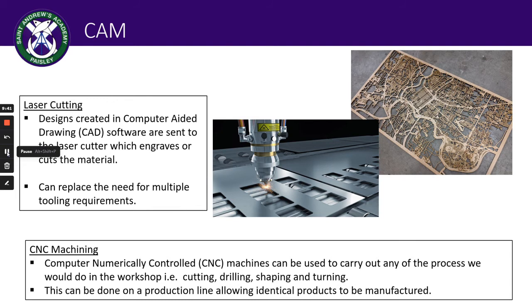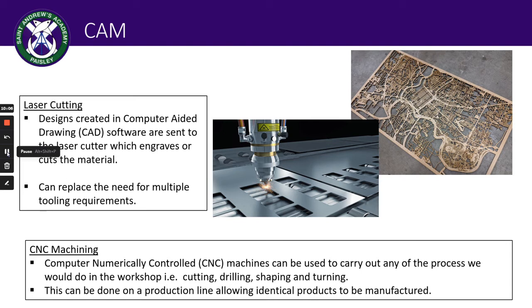In the images shown here, you can see some examples of laser printing or laser cutting. These products are produced again from computer-aided drawing software, and the design is sent to the printer, which then cuts or engraves the material. I've actually used this before to engrave on glass for a project, so you can use it in a whole variety of materials.